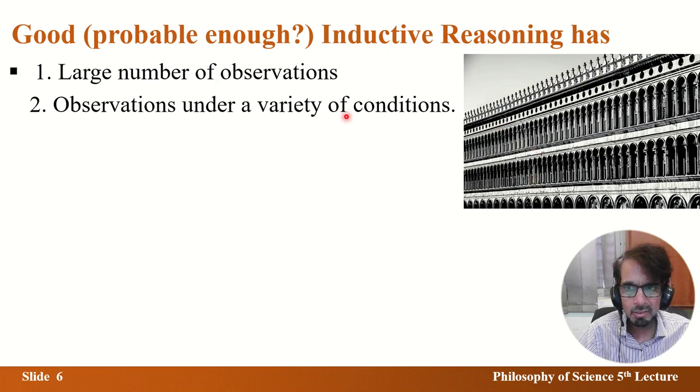Another condition for good inductive reasoning is that your observations should be made in a variety of conditions. Here the variety could be different floors, but in general, for example, if you are in an area where education is not very common, and you see that no person around you has more education than, say, American high school, English A level, or Indian-Pakistani intermediate education.